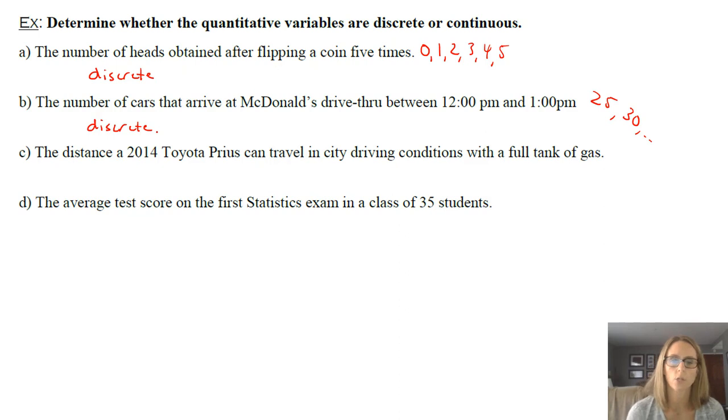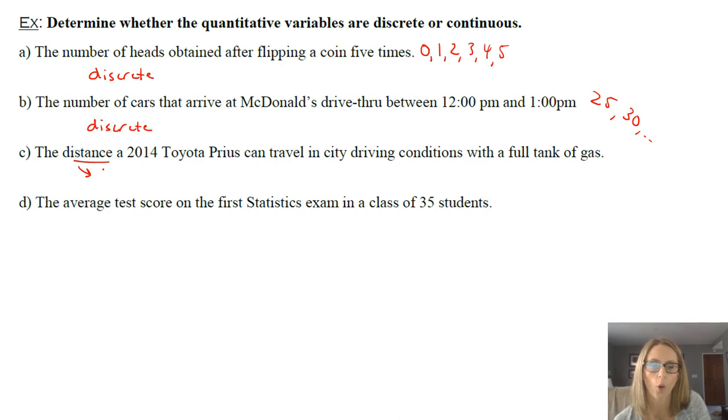For C, the distance a 2014 Toyota Prius can travel in city driving conditions with a full tank of gas. Now, thinking about this, the distance. We do a lot of rounding in our world, right? Very few people are always like, oh, I drove 30.67 miles today. People would normally say, I drove like 30 miles today, I drove like 31 miles today, they're going to round it. But we want to understand that distance in miles is continuous because, full tank of gas, Toyota Prius, come on, it's a lot, right?